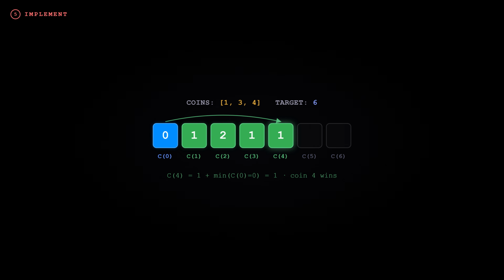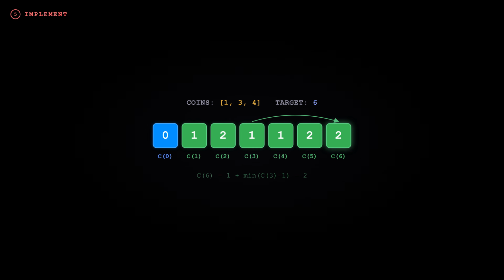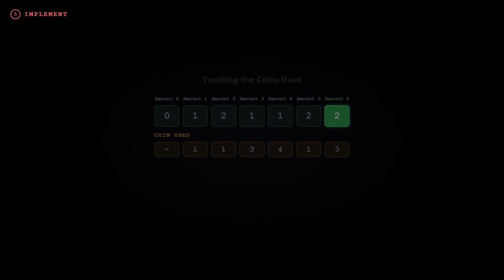Way better than going through the 1 coin path. C of 4. The 4 coin takes us straight to 0, so that's also 1. C of 5. The best we can do is 1 plus C of 4, which gives us 2. And finally, C of 6. 1 plus C of 3 equals 2. So we know the answer is 2 coins.